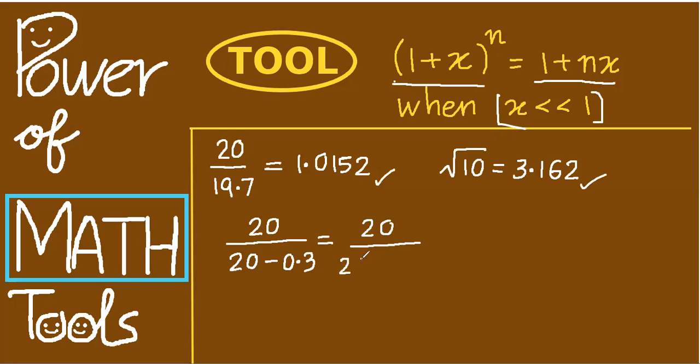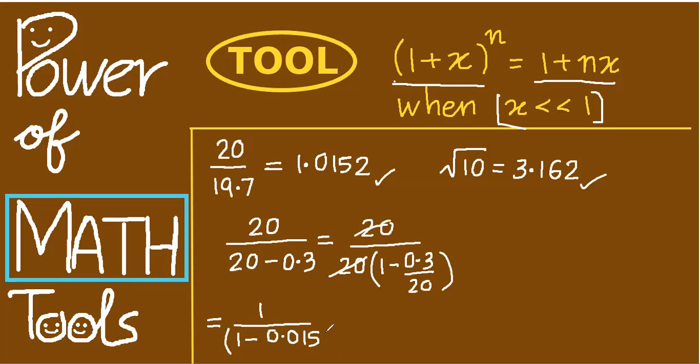Then you can clearly write 1 minus 0.3 divided by 20. Wow. Now, you please cancel this 20 out. Then you will end up with this: 1 upon 1 minus 0.015, right?